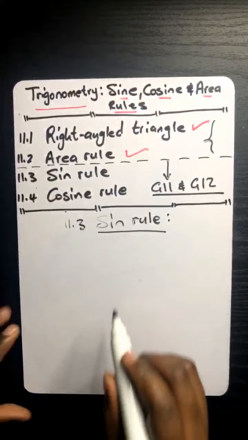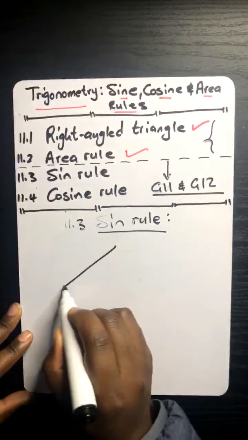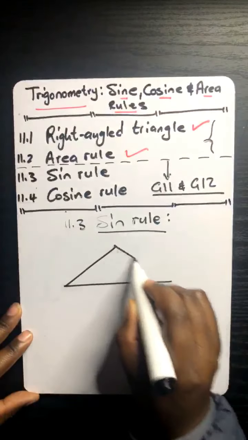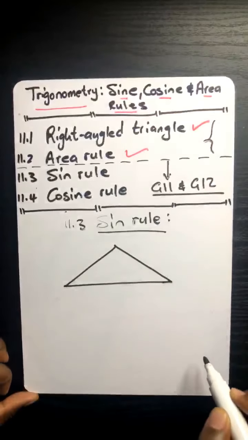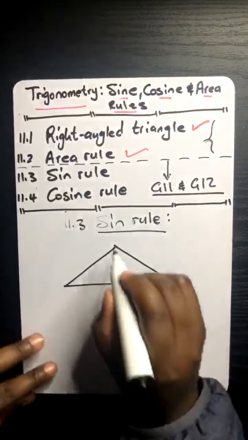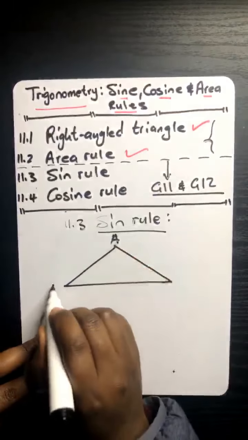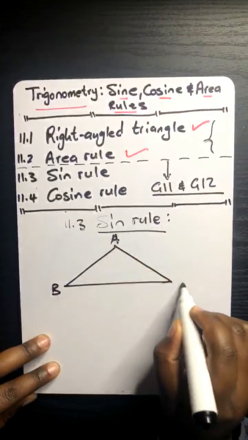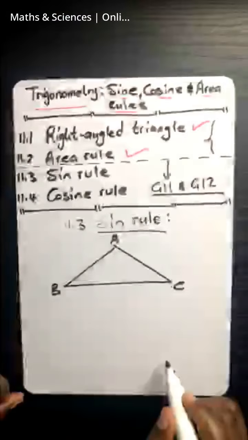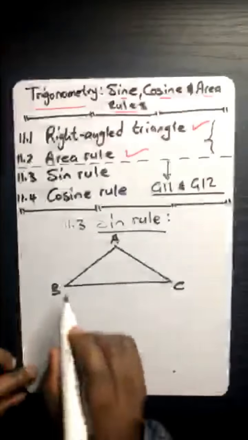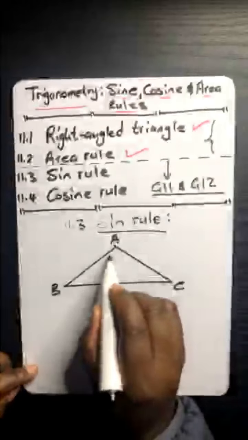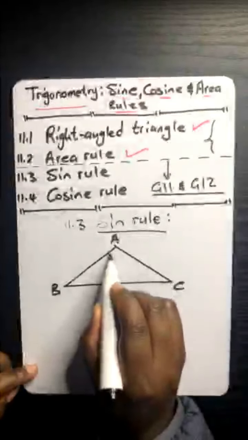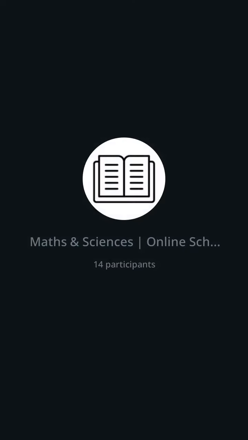I'll just keep it short and say, if you have this thing being called a triangle, you can have A there, and that point being B and C. This side, ladies and gentlemen, is opposite to that angle, which means it is small letter a.